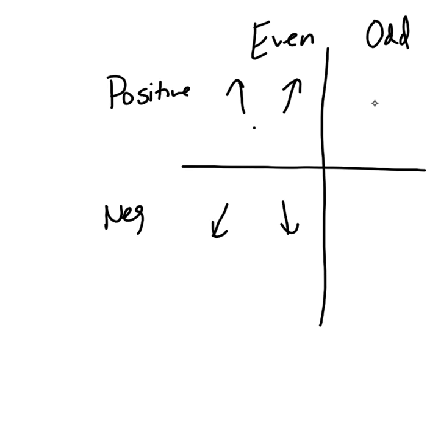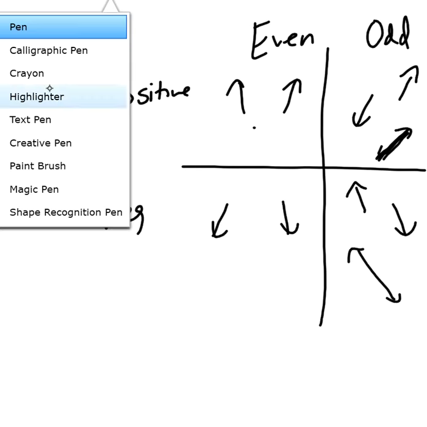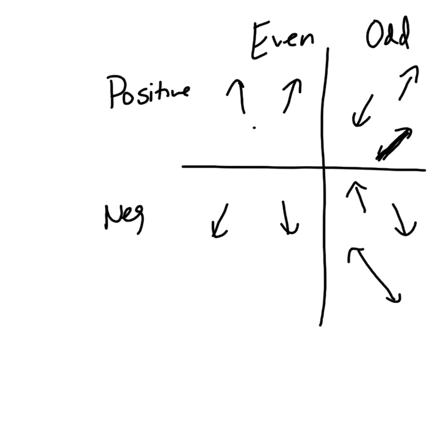Odd and positive is down, up. Odd and negative is up, down. Most people don't struggle with the even end behaviors, it's the odd ones. So the way I remember it is this has a positive slope and this has a negative slope. And then if you just take your eraser and just boop, and there's your up, down.